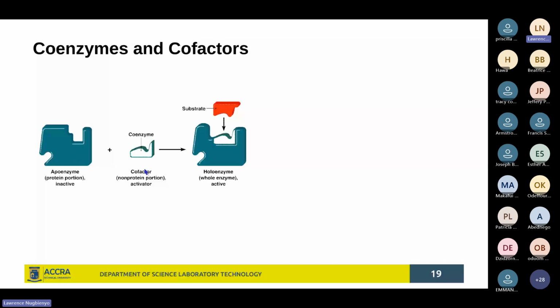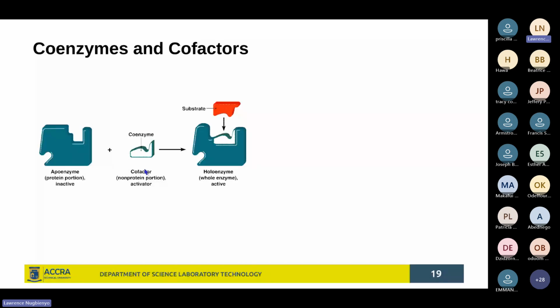Some refer to the coenzymes as biological molecules, but they are not proteins. When they get attached to the enzyme, they cause the enzyme to be activated. And the cofactors are inorganic metal ions like copper, magnesium, calcium, and all of that. So we'll take a look at it further.